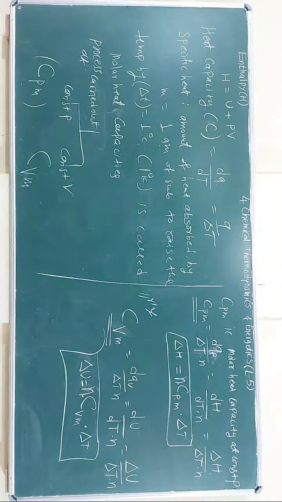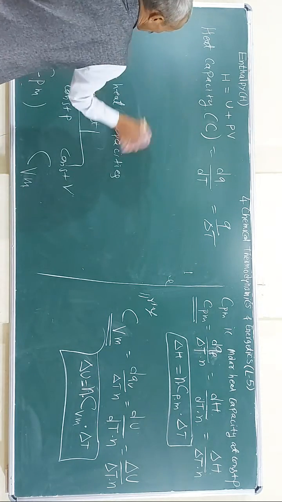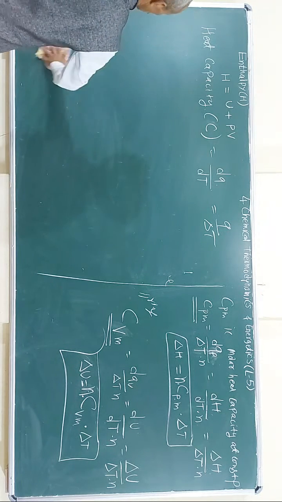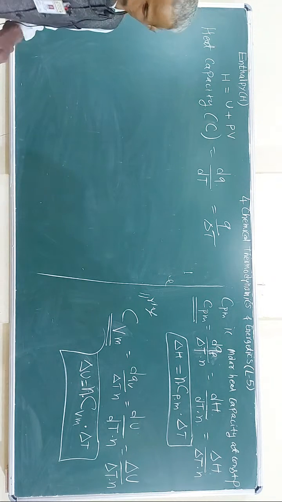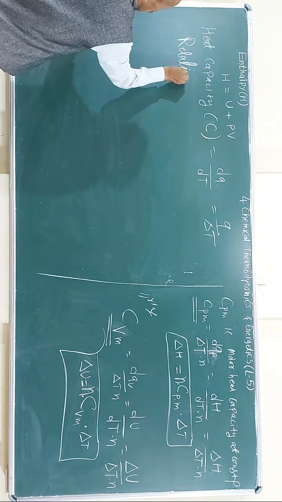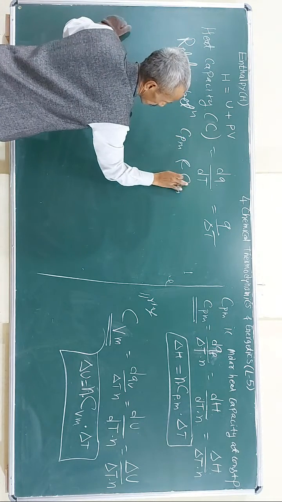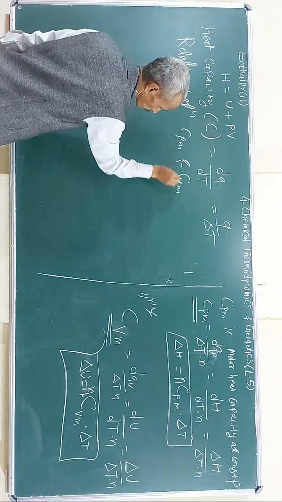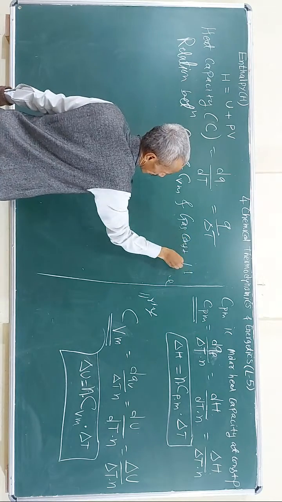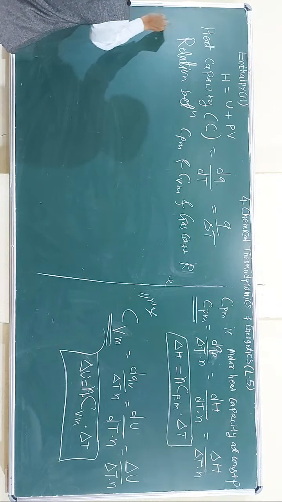How? Consider now. We are going to derive the relation between Cpm and Cvm, the molar heat capacity at constant pressure, the molar heat capacity at constant volume, and the gas constant R.